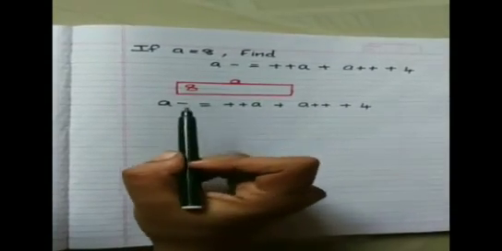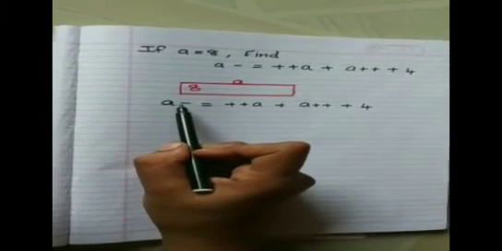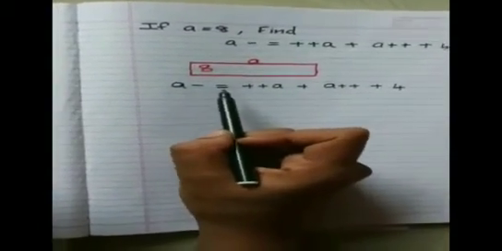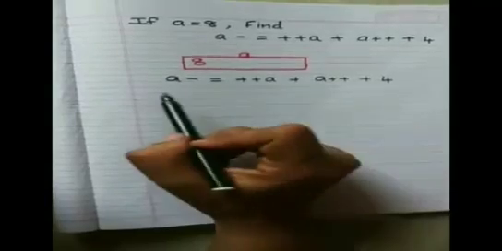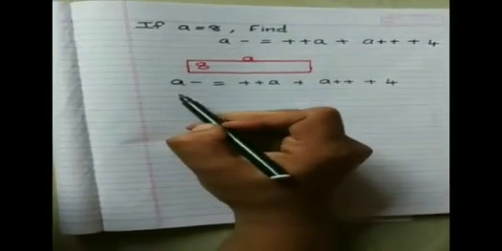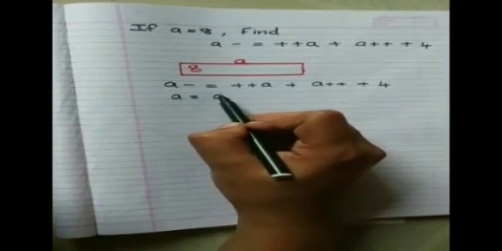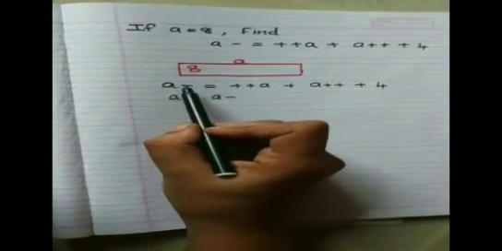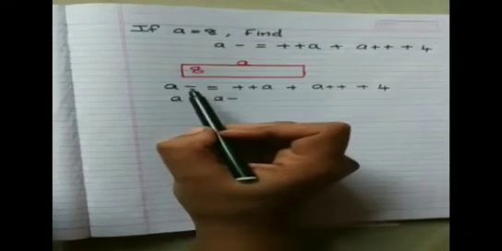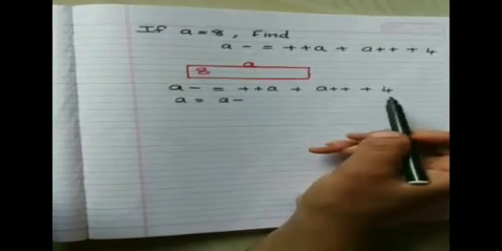So here you have noticed that A minus equal to is given. So when you are getting an expression like this, you have to rewrite A is equal to A minus, that is A -= means A is equal to A minus this whole expression.